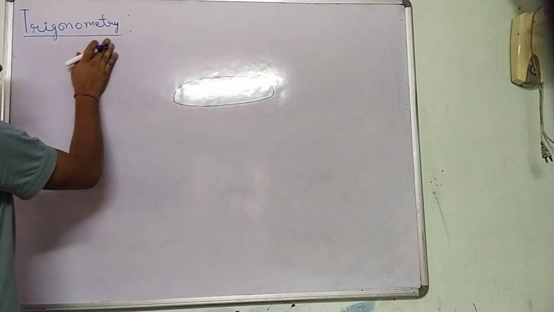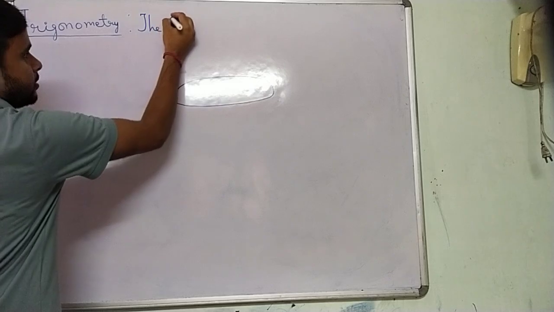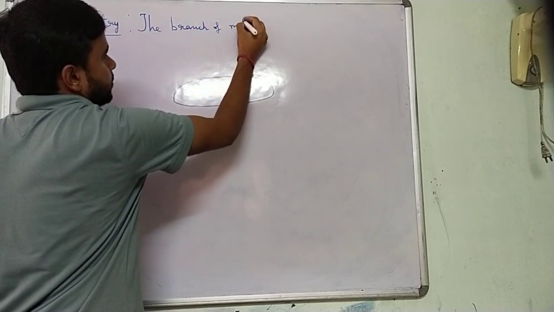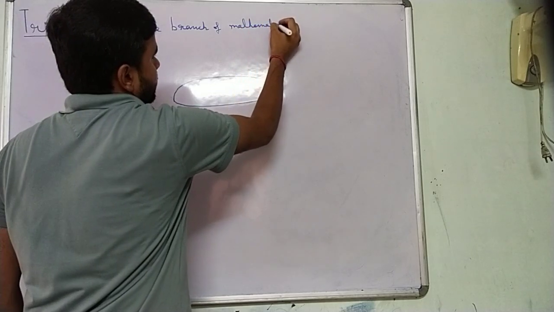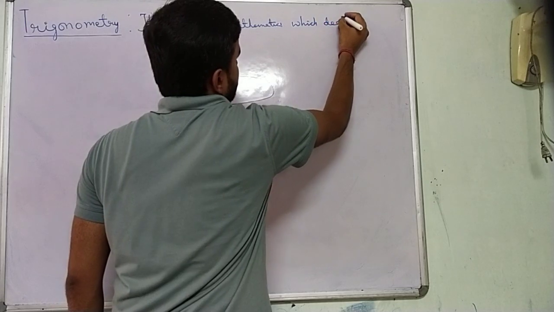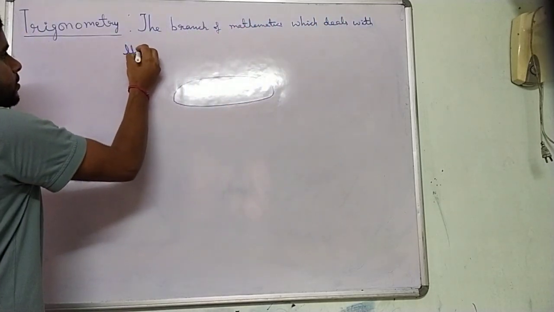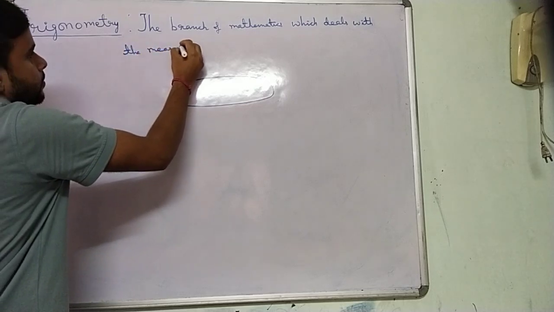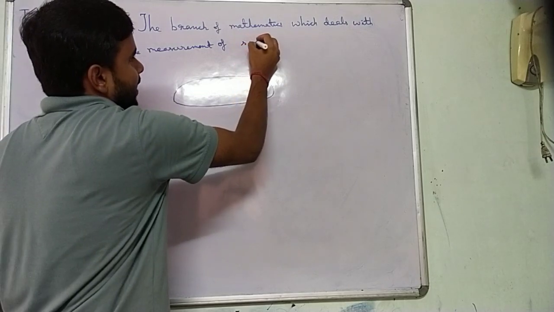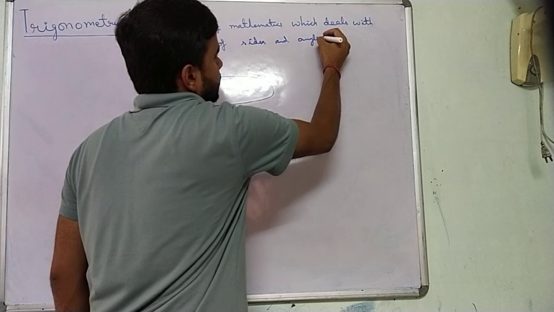So what is trigonometry? First of all, it is a branch of mathematics which deals with the measurement of sides and angles of a triangle.